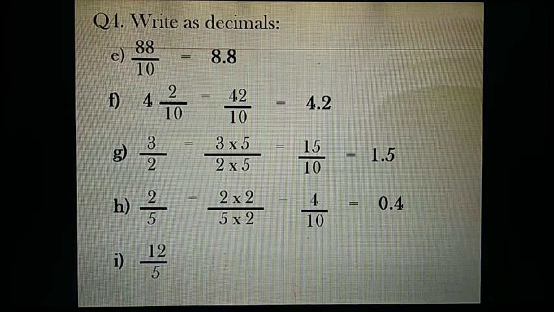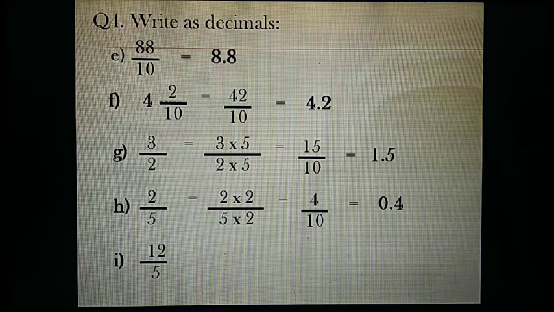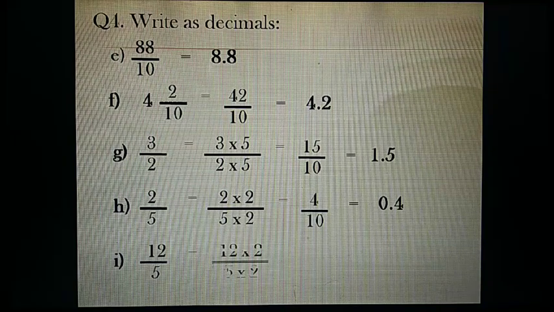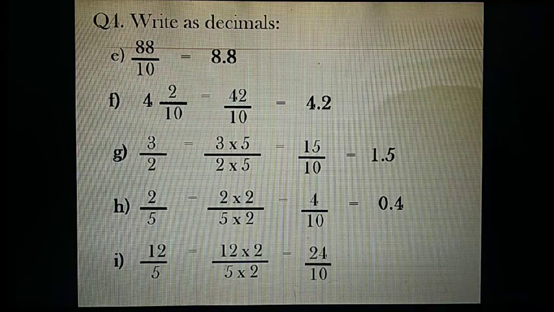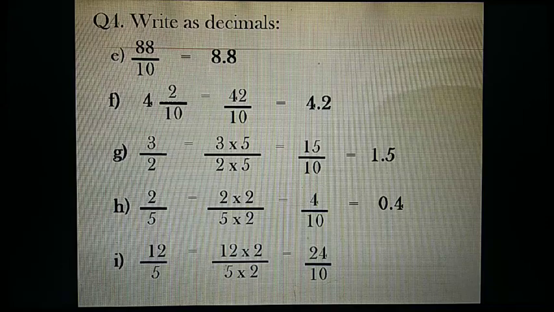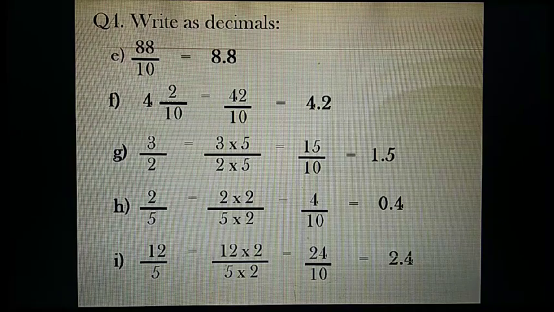Again, the denominator is not a multiple of 10. So yes, you will multiply it by 2 to make it 10. You'll get the answer as 24 upon 10. One 0 in the denominator, so the point will come after one digit from the right.